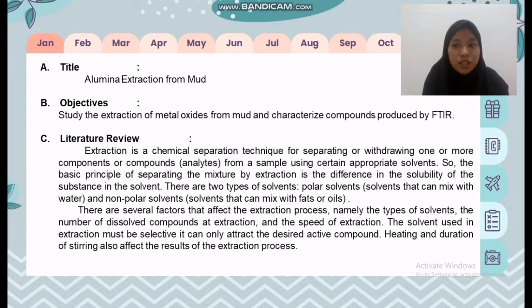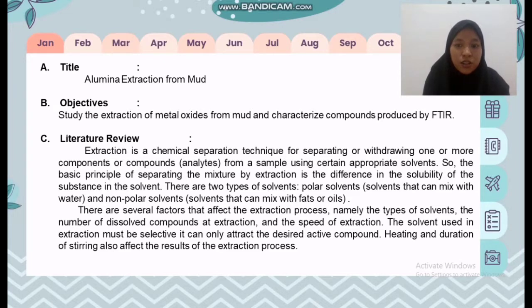So, the basic principle of separating a mixture by extraction is the difference in the solubility of the substance in the solvent. There are two types of solvents, polar solvents and non-polar solvents.